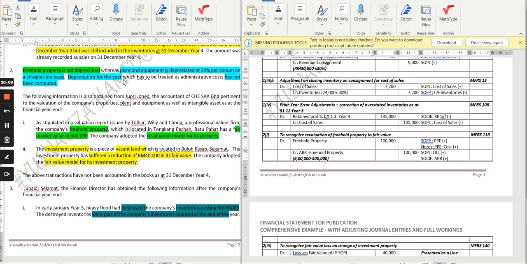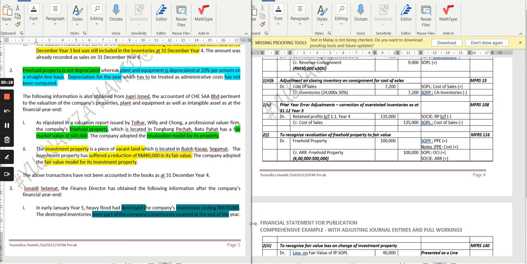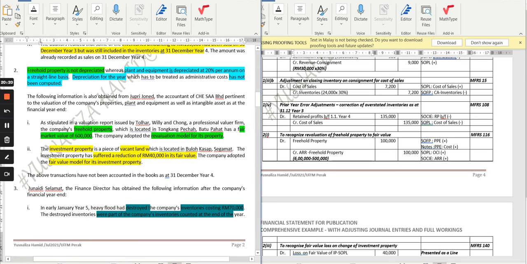Depreciation of plant and equipment was treated as admin expenses and it has not been computed. So it has not been computed means you need to go and compute that, right? So information was also available from the accountant of the company pertaining to the valuation of properties.